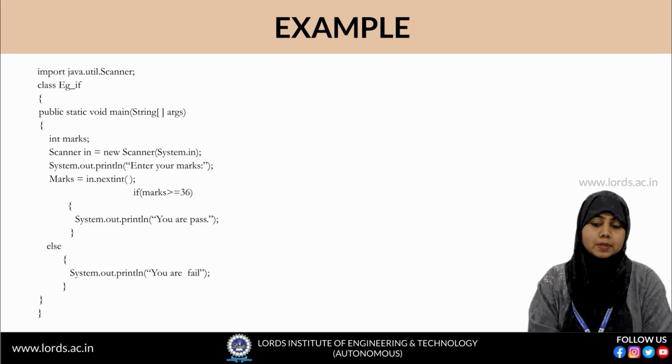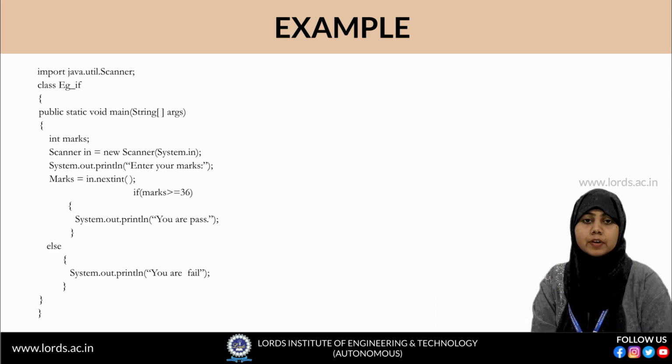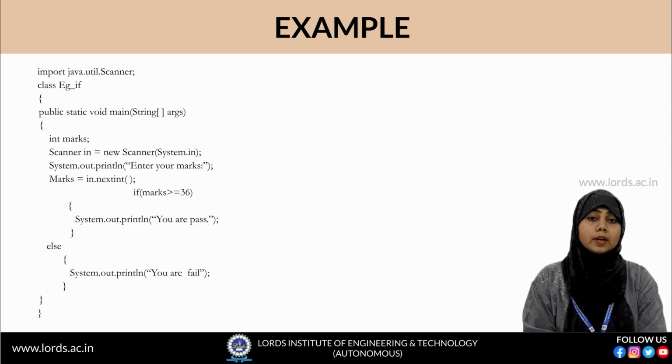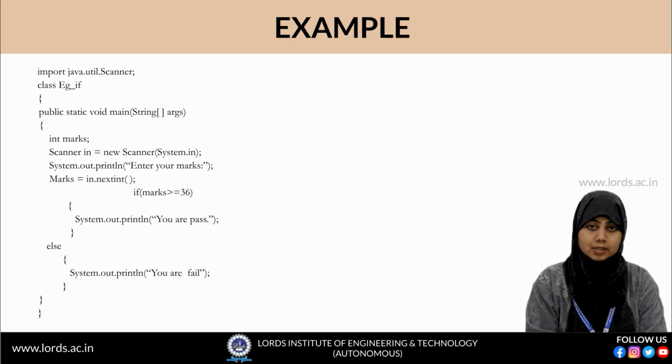Now step 1 is clear. Step 2, write the class. Class is a keyword, followed by a user-defined class name, for example IfElse. Then we write our main method, from which execution will start. So we have to write public static void main String arguments.